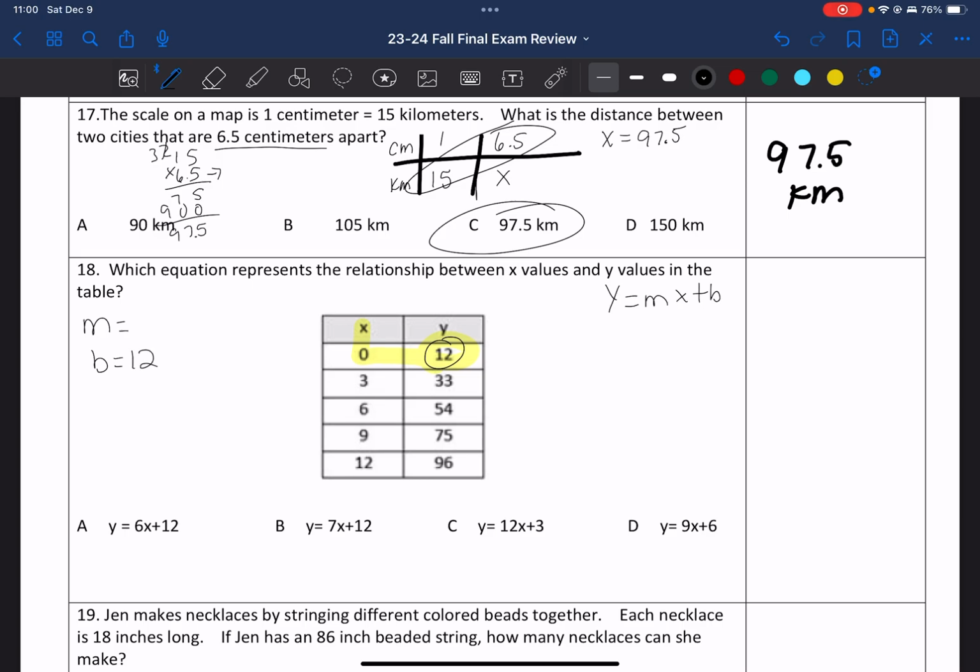Now here is where we are trying to find change in y over change in x for the m. We do that by looking at the differences here. If we do 33 minus 12, that is going to be 21. And then 0 to 3, that is plus 3.